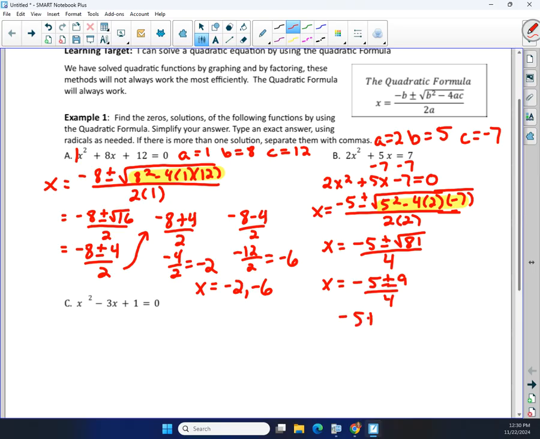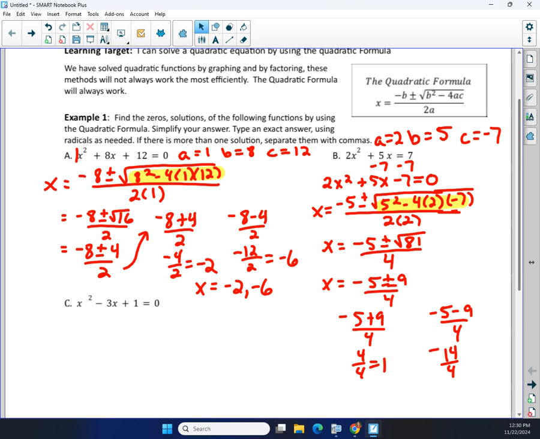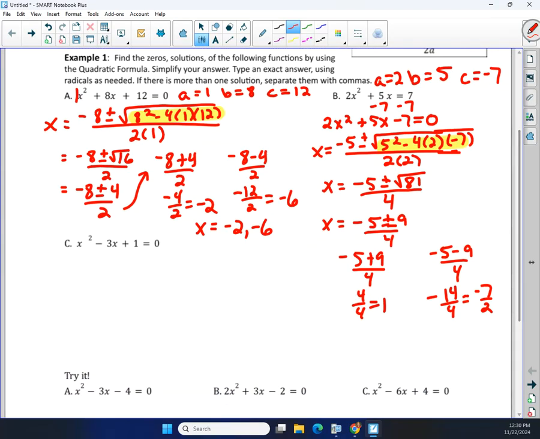And that's negative 5 plus 9 over 4, which is 4 over 4, or 1. Then you get negative 5 minus 9 over 4, which is negative 14 over 4, which reduces to negative 7 over 2, because 14 and 4 are both divisible by 2. So I get x is 1 and negative 7 halves.